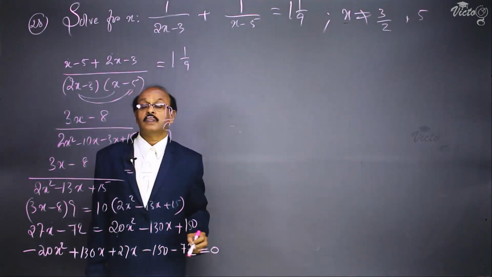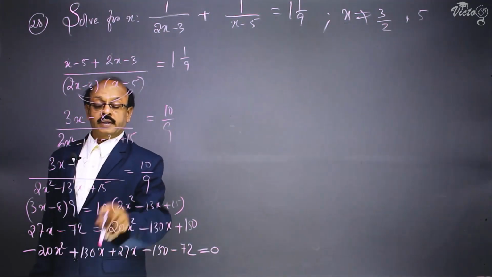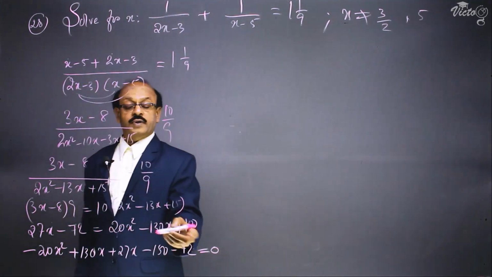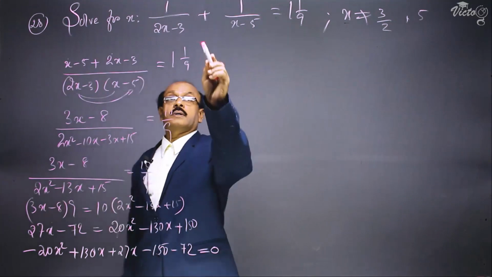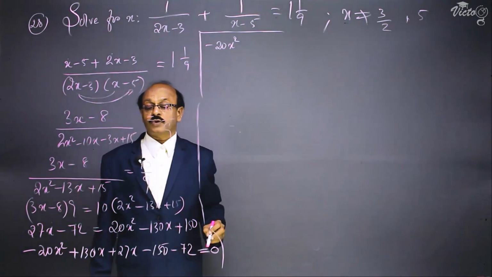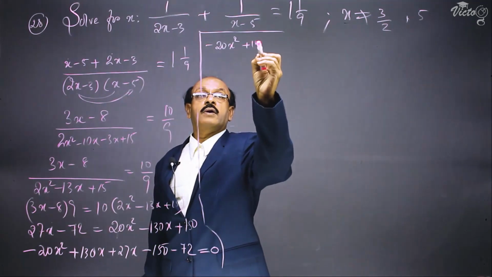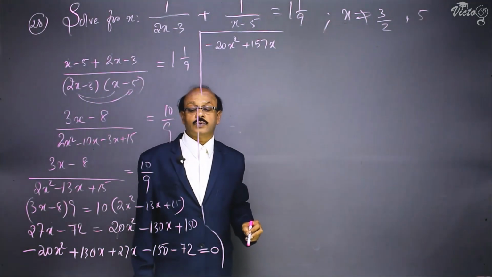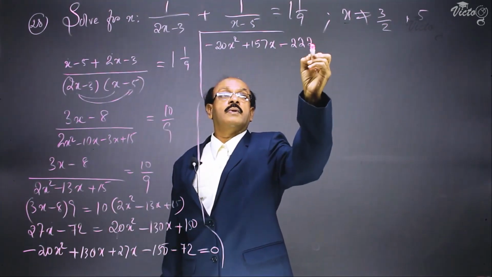We are taking all the terms to one side: minus 20x square, 130x plus 27x, that is 157x, minus 150 minus 72, it is minus 222, is equal to 0.